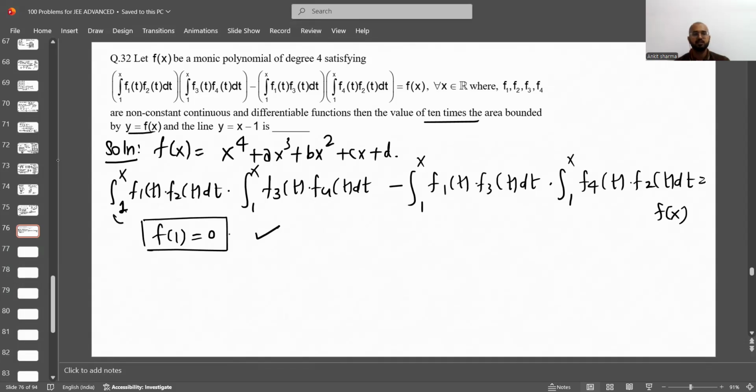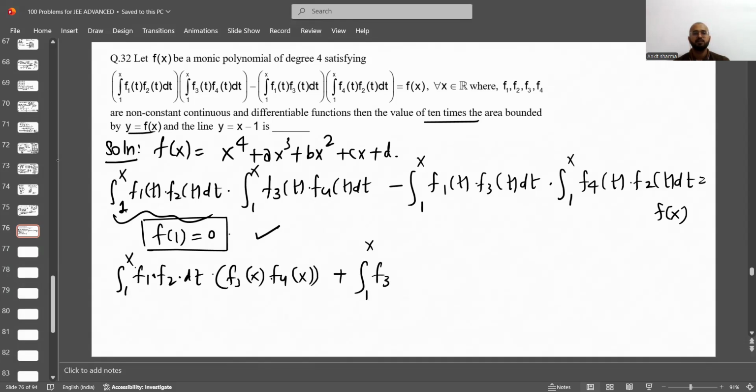If I differentiate, this will be my u, and this is v. So let's perform the Newton-Leibniz rule. Keeping this one here itself, f1 into f2, I won't be writing t, it is to be understood. So f1(t) f2(t) stays as it is, and the integration of this turns out to be f3(x) f4(x) by the Newton-Leibniz rule, and the second part becomes 0. Plus, again this will be treated as u, so f3(t) f4(t) stays as it is, and the derivative of the first is f1 f2.